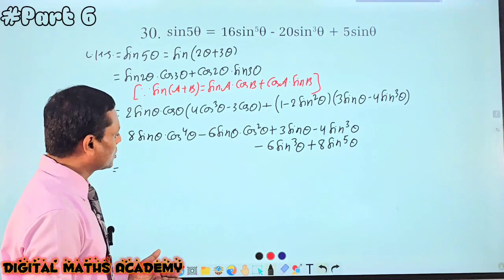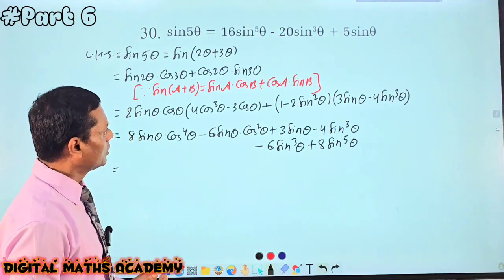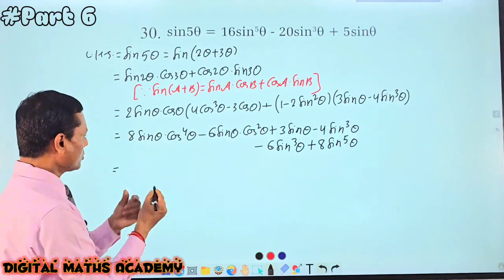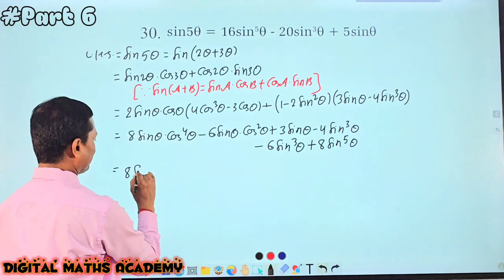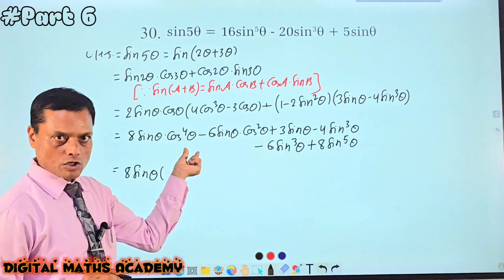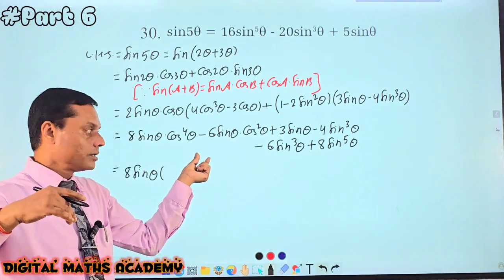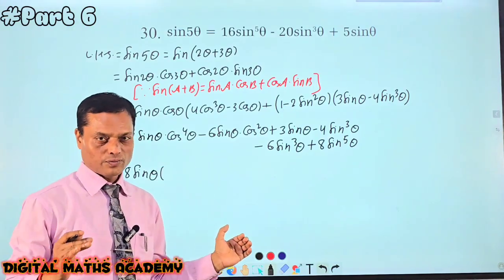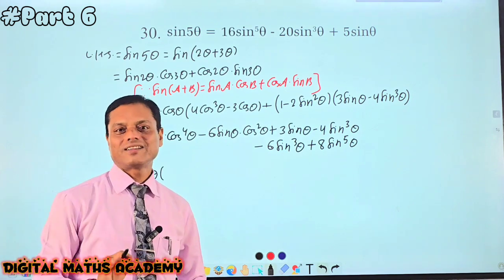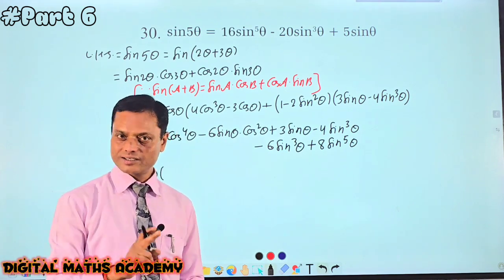Now we have to change cos into sin, because we have sin only at the right hand side. So what to do? Here is cos 4, so let's write 8 sin theta at first, and here cos 4, we cannot change cos 4 directly into sin, right? But we know cos square theta equals 1 minus sin square theta, isn't it?